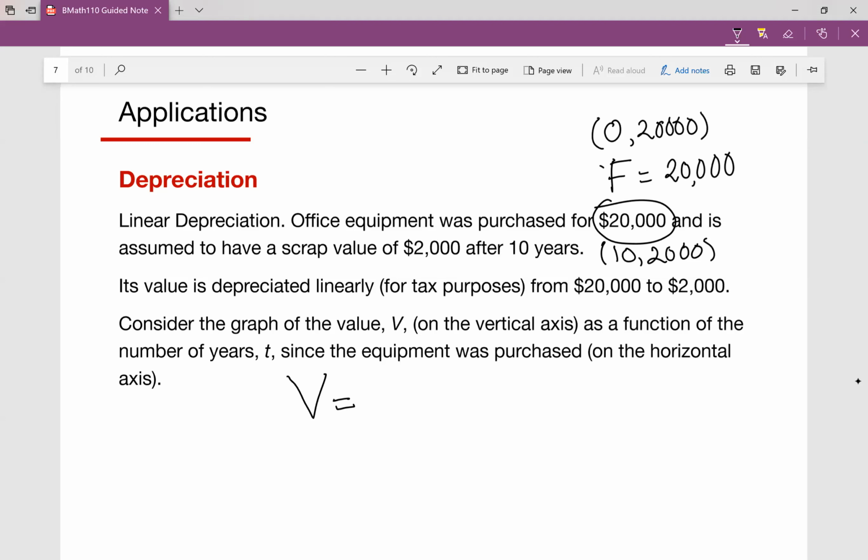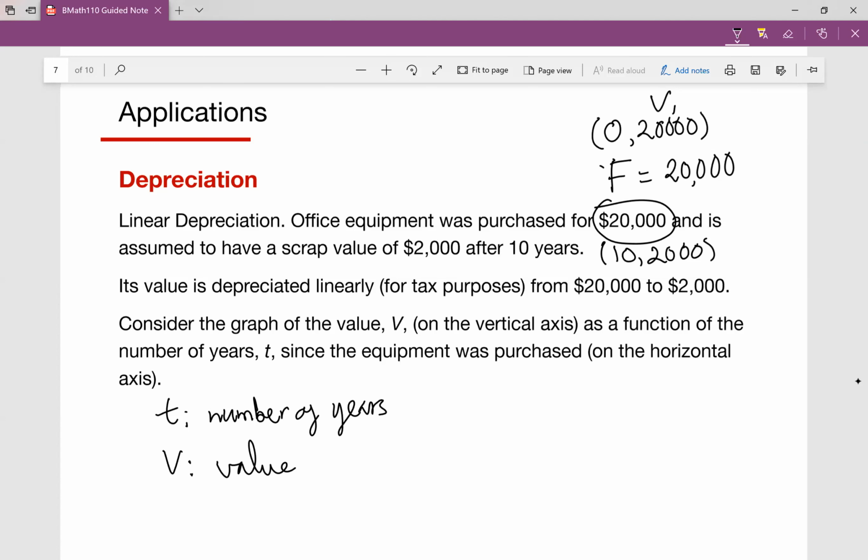I should notate a little bit: T is the number of years, and V is the value.